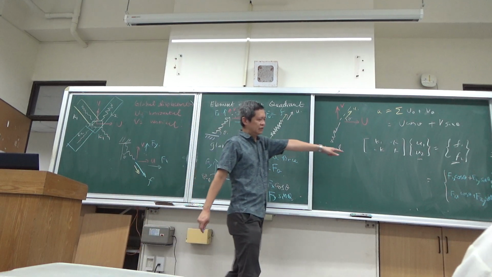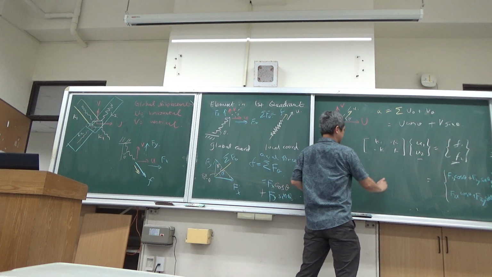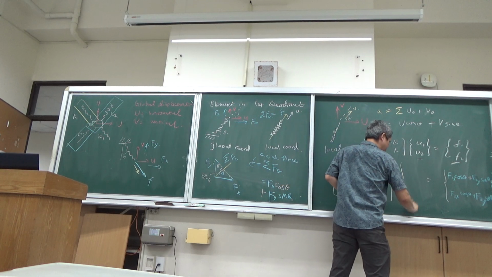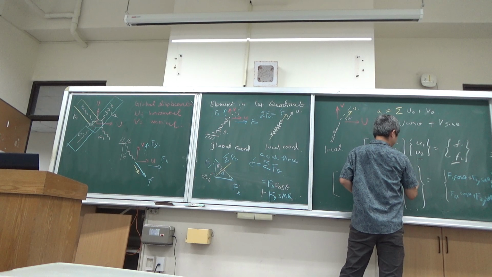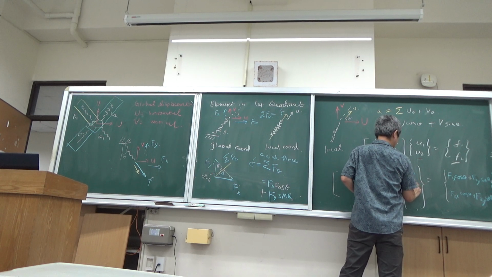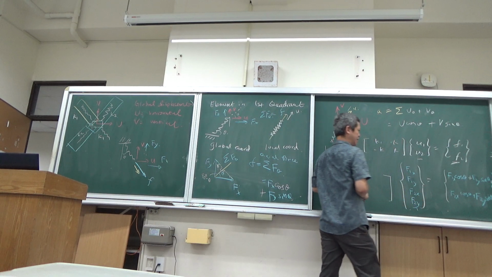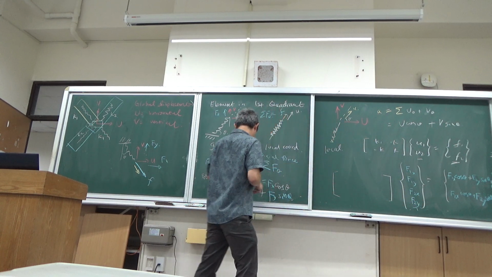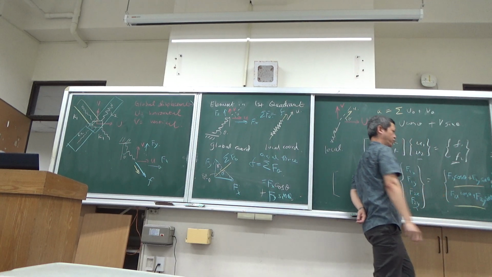But another way of writing this force is as a force vector: F1x, F1y, F2x, F2y. How many elements? How many rows do you have? You have 2.